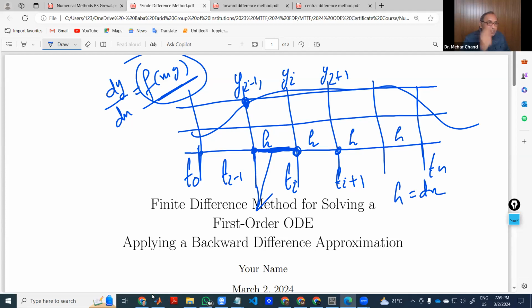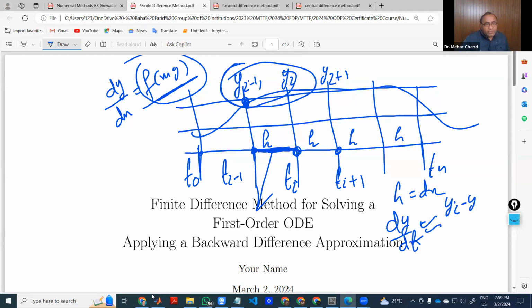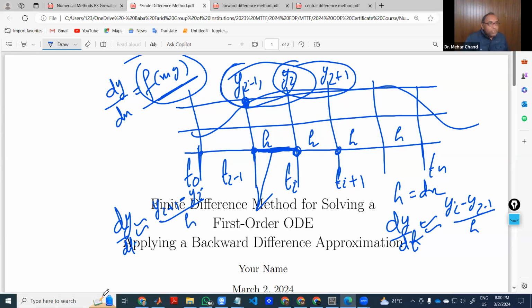So dy/dt is approximately (yi - y(i-1))/h, or you will have dy/dt approximately (y(i+1) - yi)/h, or you can take the interval from ti-1 to ti+1.